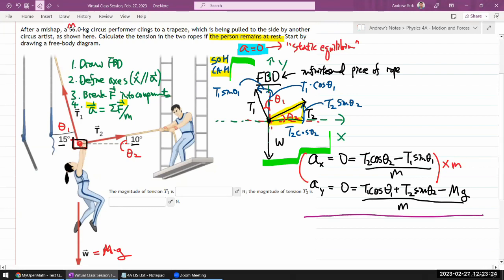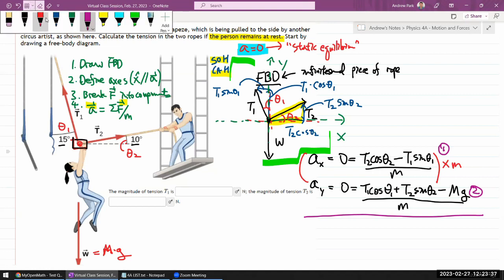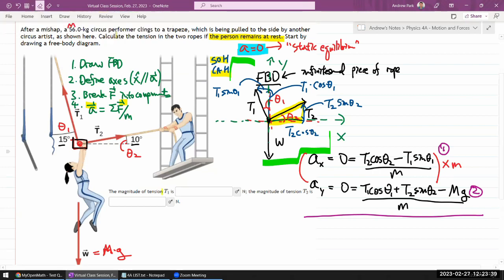So this is the step where standard strategy leaves me. It's given me a system of equations, equation one and equation two. And my hope is that I have only two unknowns that I need to solve for. Let's watch here. We are being asked for T1 and T2. I have T1 and T2, two unknowns. Do I know everything else? It looks like I know everything else.